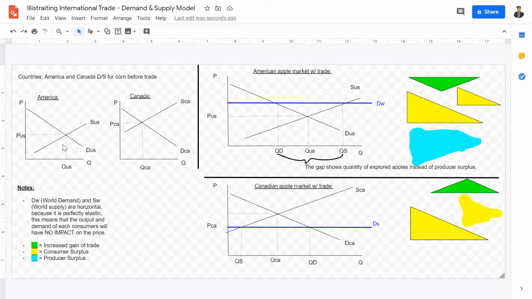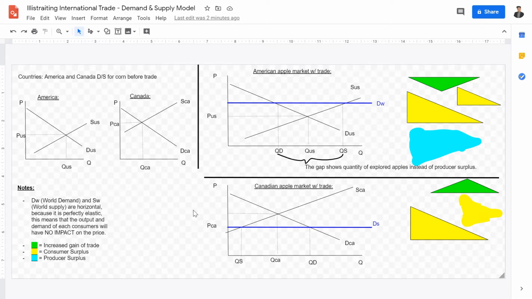In the most economical sense, America should be producing apples and exporting them to Canada based on the theory of comparative advantage and absolute advantage.